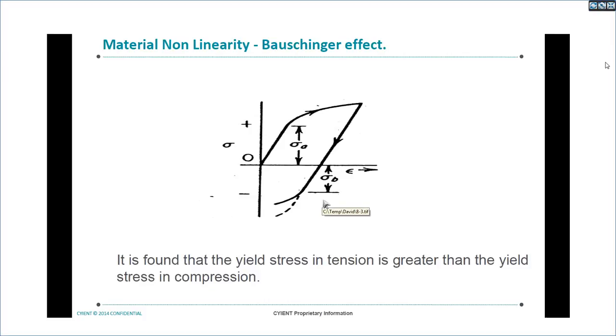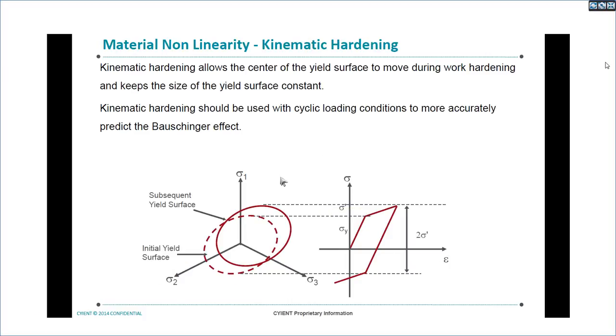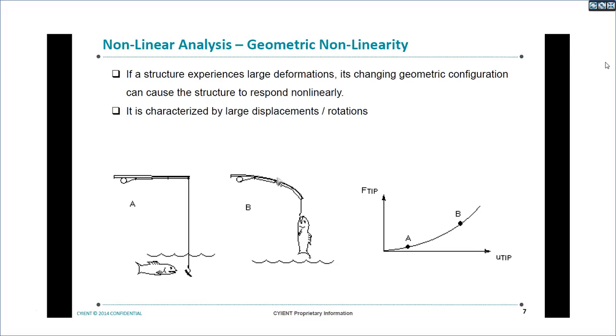So this is called the Bauschinger effect, and bilinear kinematic hardening is very useful. It should be used for cyclic loading conditions. So that is on material nonlinearity.